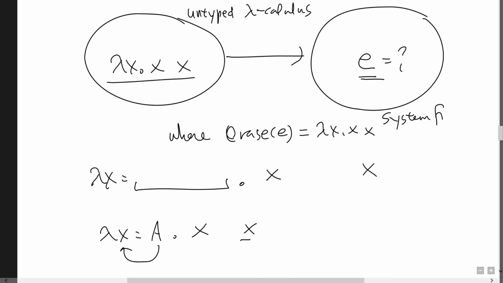This variable x has a type A, then this variable x must have a type A arrow something, because that's the only way to get the whole expression well typed. Now, the first instance of variable x requires that its type be A arrow something, whereas the second instance of variable x requires that its type should be A, and there's no way to equate these two types.